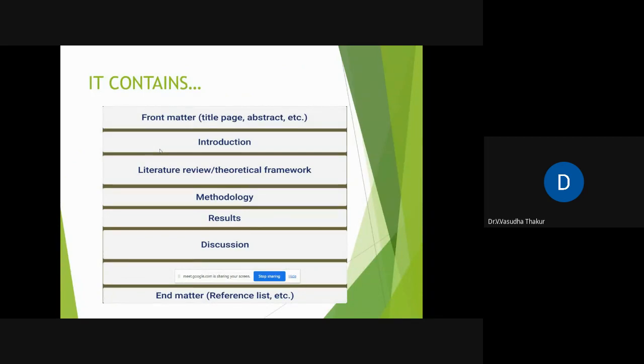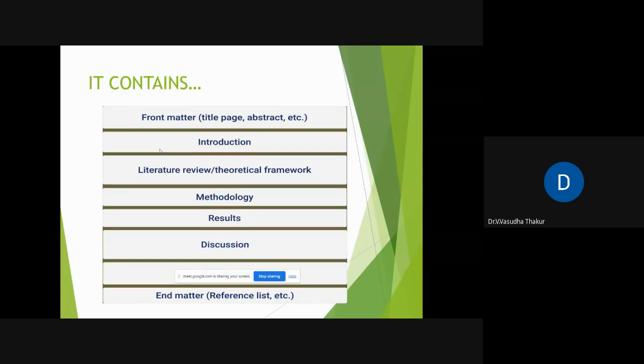And then we move on to the contents of the thesis. Okay, as I mentioned earlier in the beginning, it consists of a very systematic compilation where the candidate is supposed to put one after the other in a very recommended order.